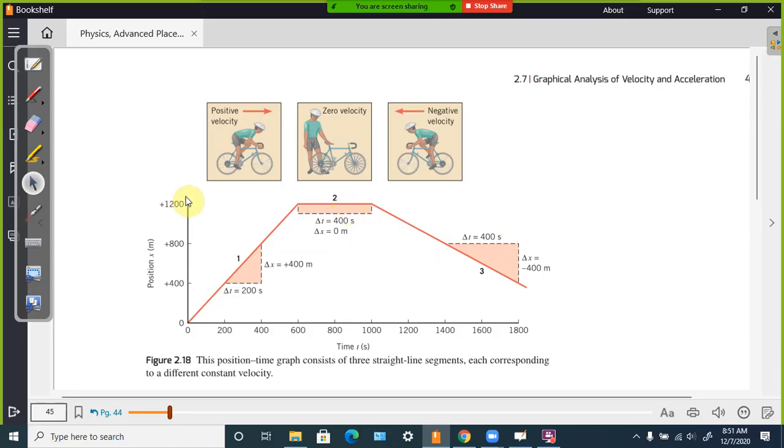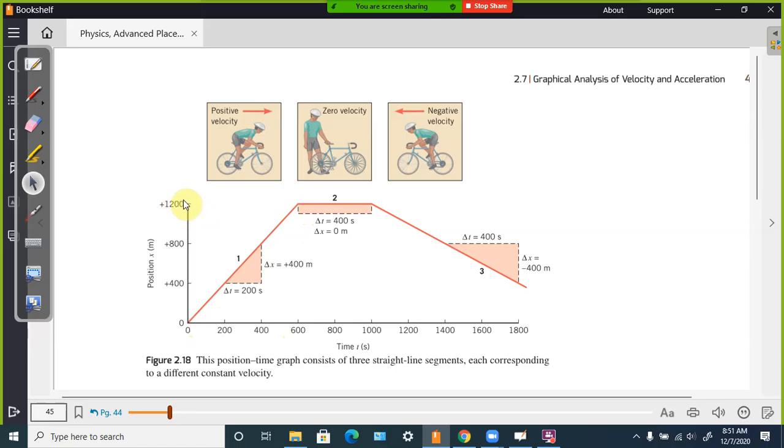Well, this is him going wherever he's going. This is his position versus time going out. So he would start wherever he is, right? He's starting at time 0 and position 0, and at some 600 seconds in, he has gone 1,200.